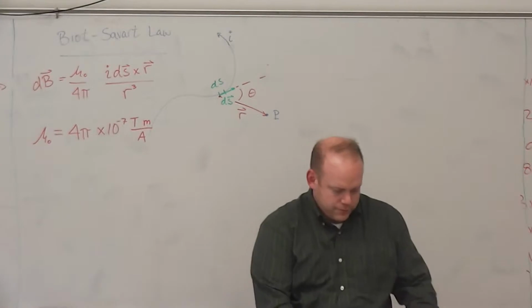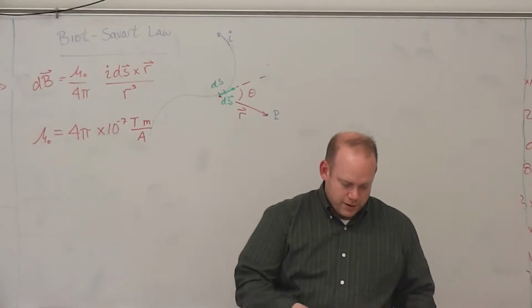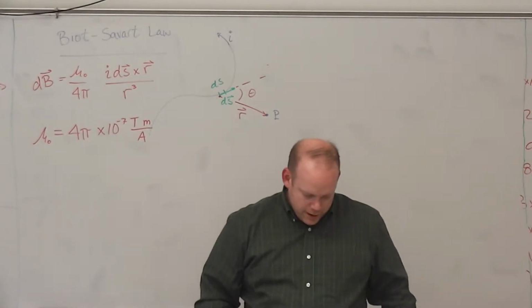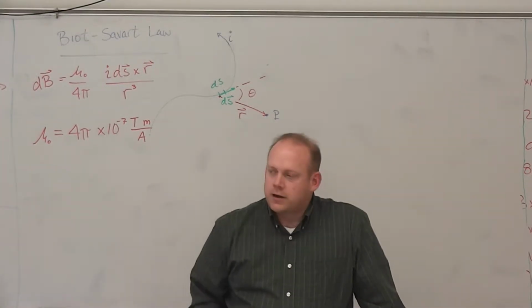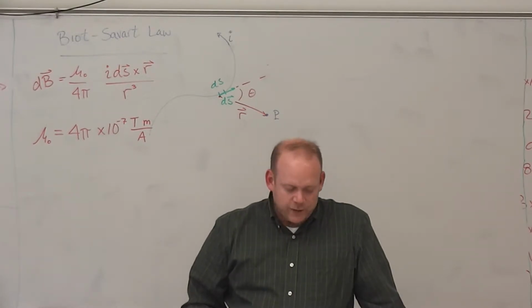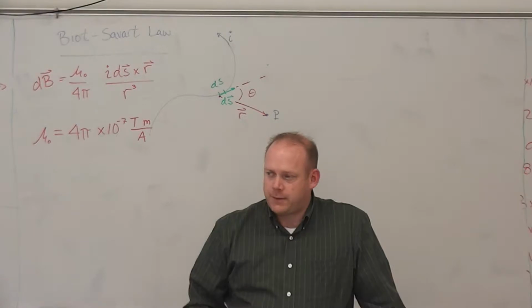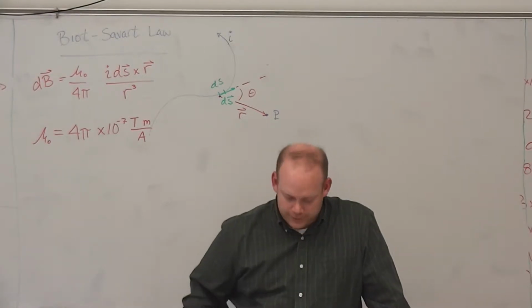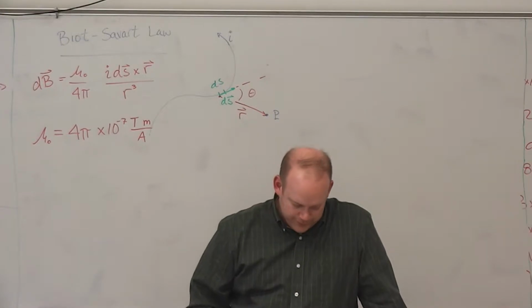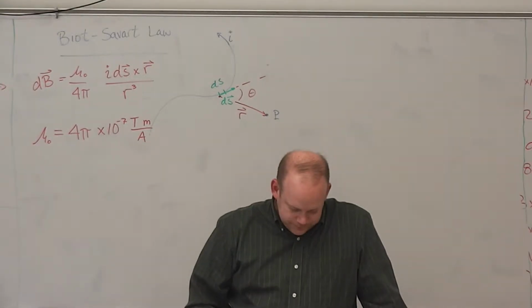In fact, figure out what K is exactly. It's not exactly 9 times 10 to the 9th. It's like 8.9. Take the square root of it. Tell me what you find. And then see if you find another number like that in the book. It's an interesting factor.